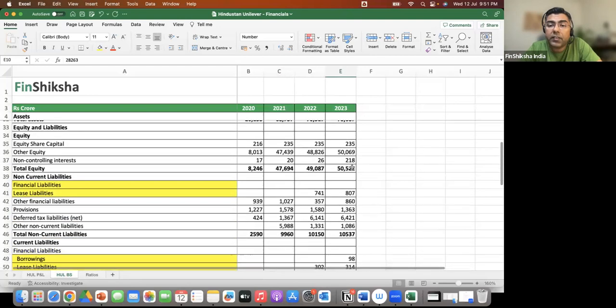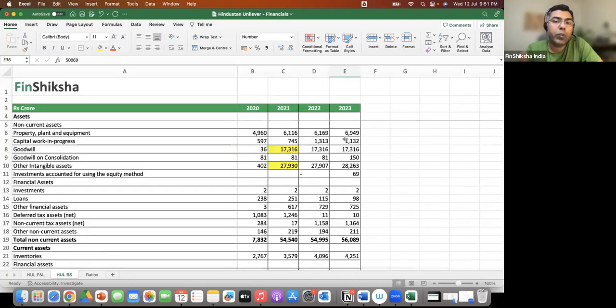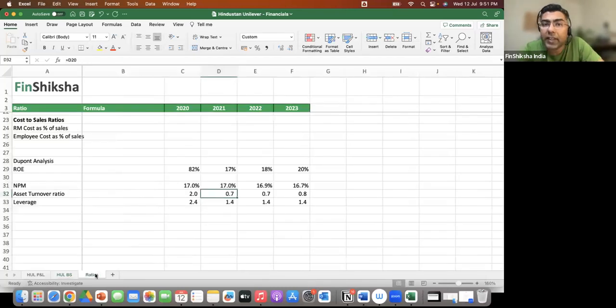In this particular case, the liability is all equity. So it's not such a big problem. Sometimes you will find balance sheets of companies where debt is very large on one side, and on the asset side, you see a big goodwill number. There, the repayment of debt depends upon the company being able to get this value out of goodwill, right? So that's the construct that is important when you're looking at HUL as an entity.